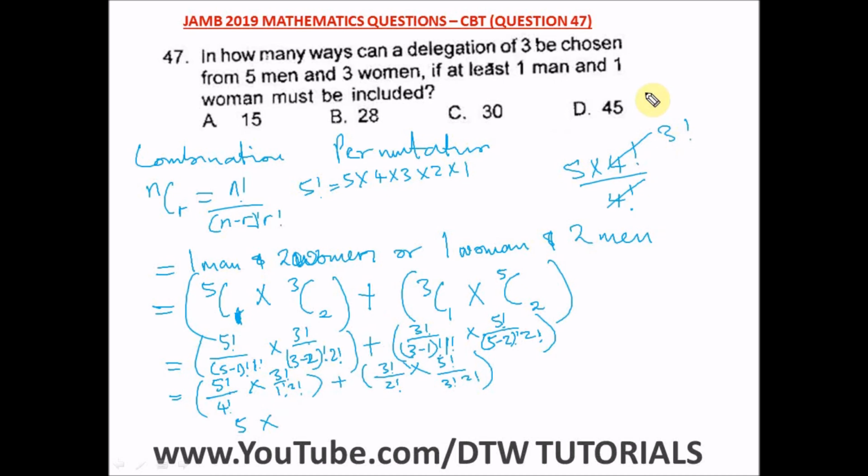So we have 3 factorial over 2 factorial here. This is 3 times 2 factorial divided by 2 factorial, where 2 factorial will cancel out, so we're left with 3.